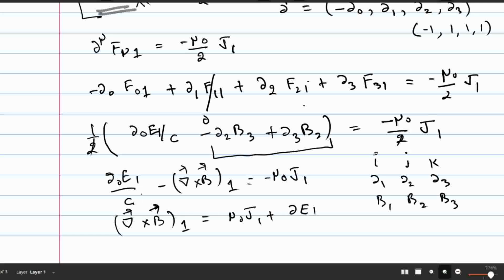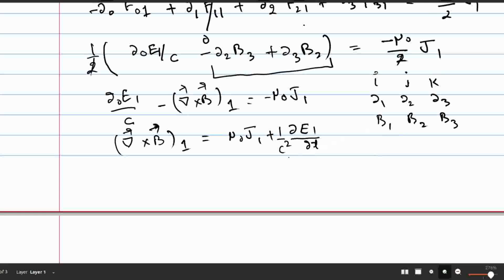Del 0 is del by del x0, but if we write it in terms of time derivative, we get del t with a factor of 1 by c, so we get 1 by c squared del E1 by del t. Since 1 by c squared is mu naught epsilon naught, taking mu naught common, we get j1 plus epsilon naught del E1 by del t.